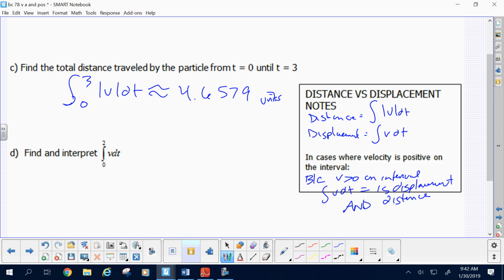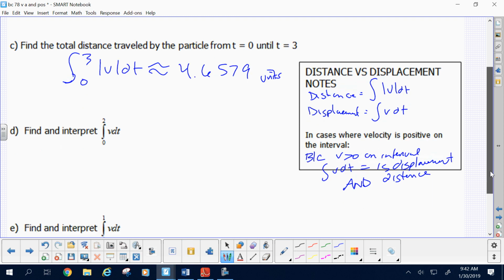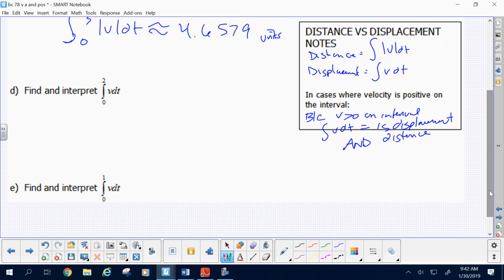All right. Would you now try, find, and interpret? Try D, please. That one I think you can do on your own.